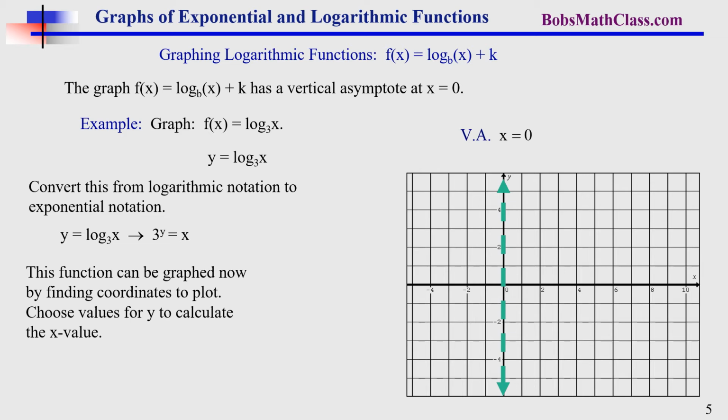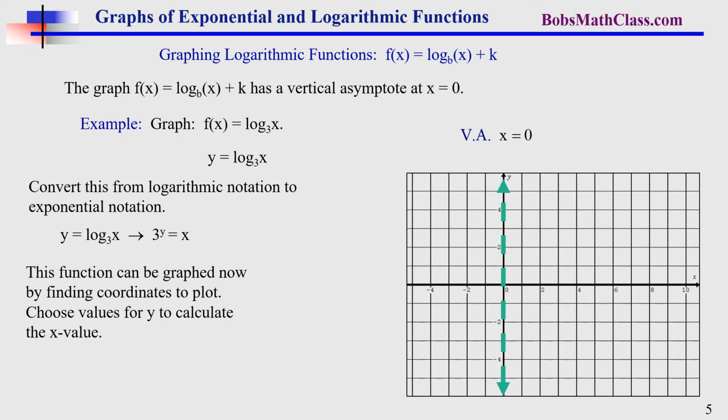But it's different, because we have x by itself. You can still use your calculator. You could type in y equals 3 to the x, even though it's x equals 3 to the y.